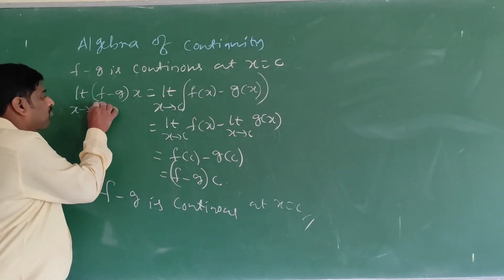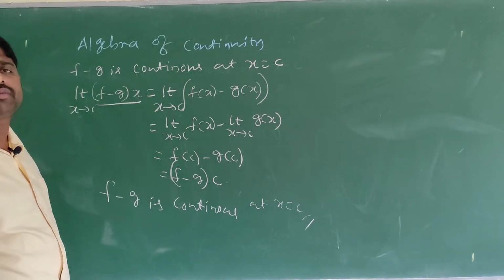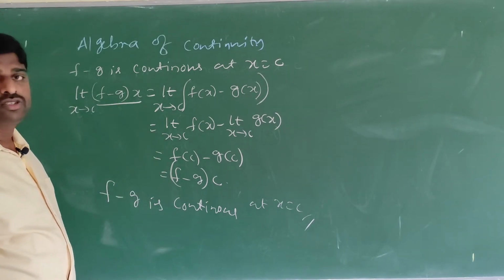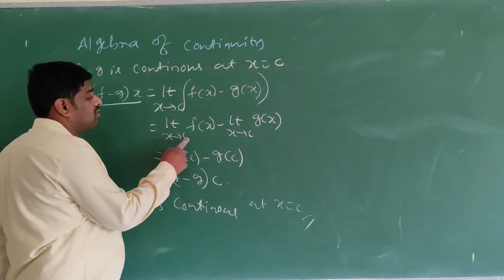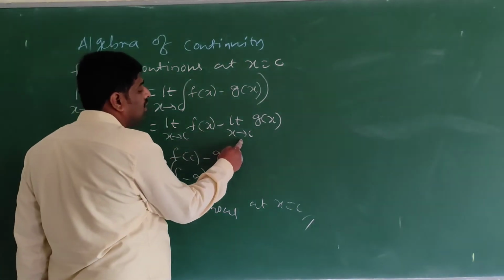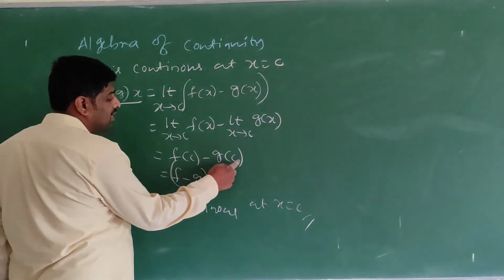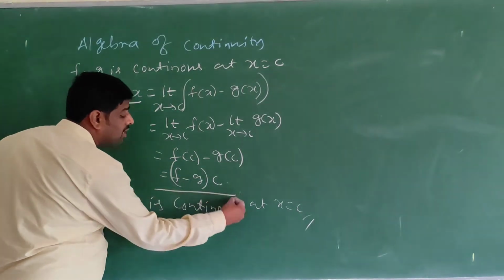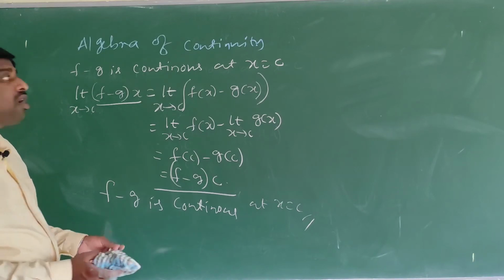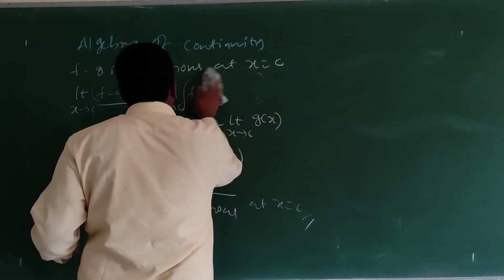Already we studied f minus g of x can be written as f of x minus g of x. Limit x tends to c of f of x minus limit x tends to c of g of x is f of c minus g of c. This can be written as f minus g of c. Now we will move on.